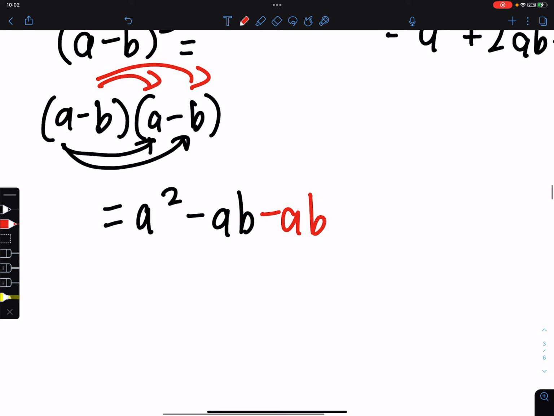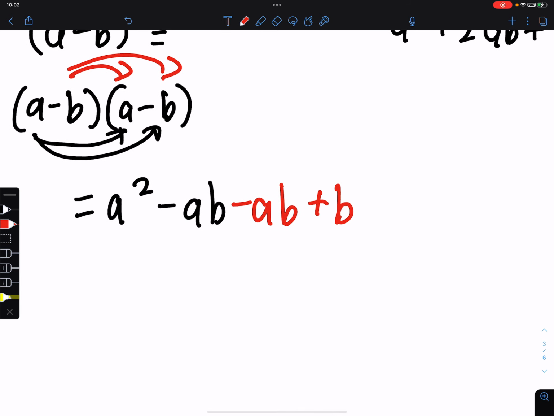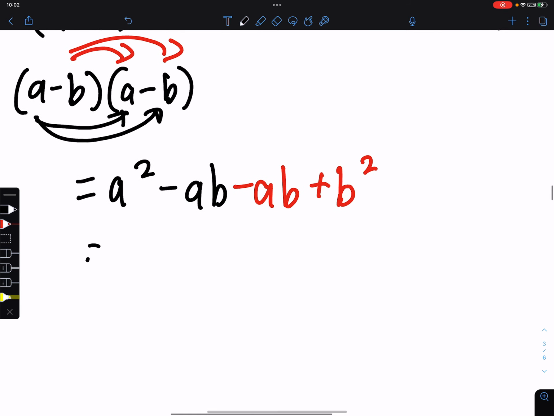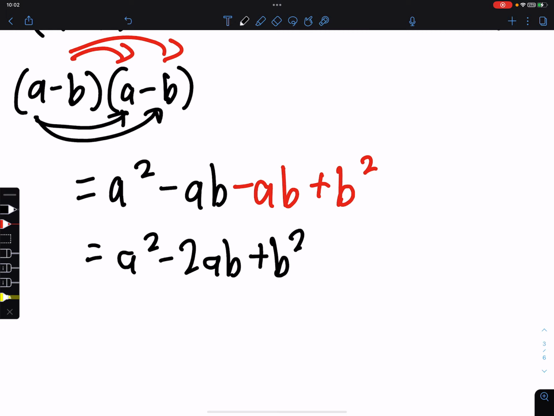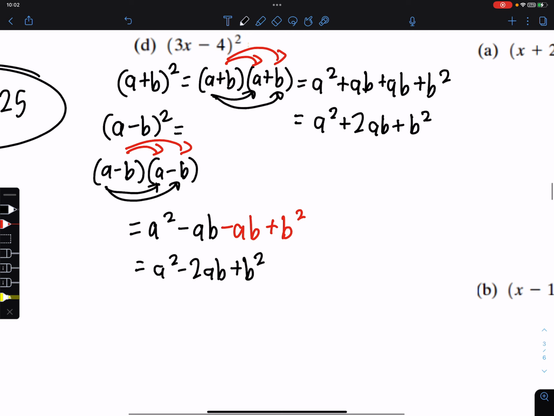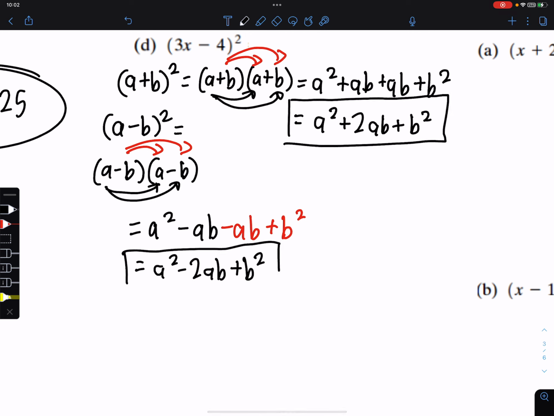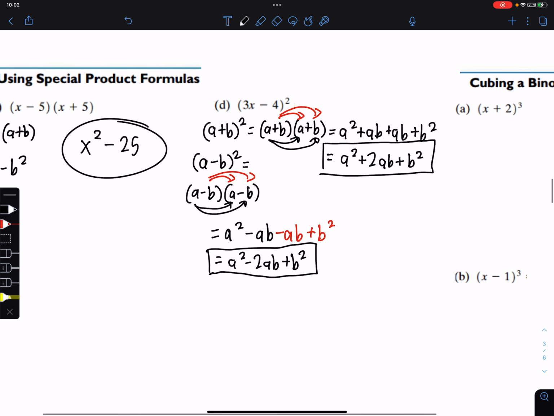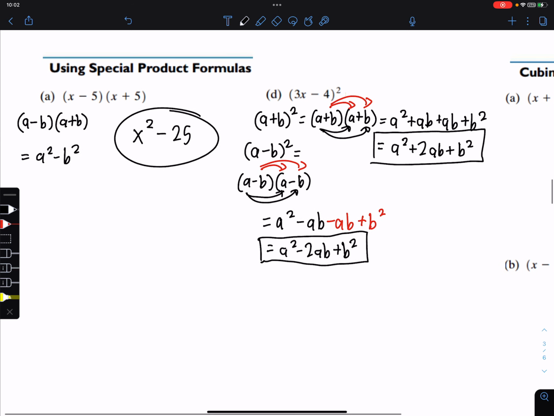And then negative b times negative b is plus b squared. And so here we get a squared minus 2ab plus b squared. Okay, and then, yeah, if you're in honors, most of the time you will need to get this fast. So yes, make sure to internalize that.